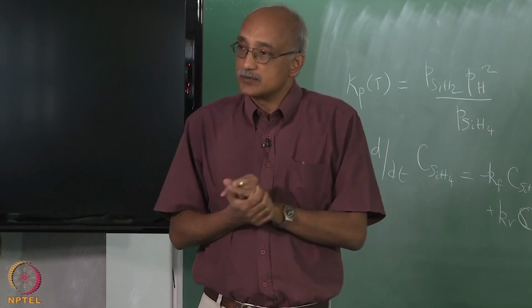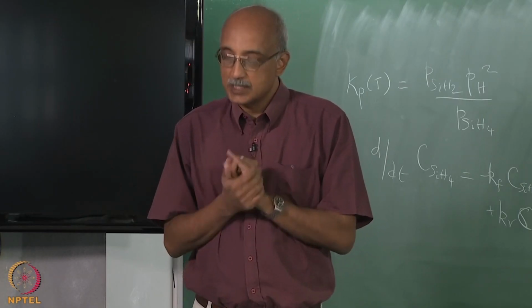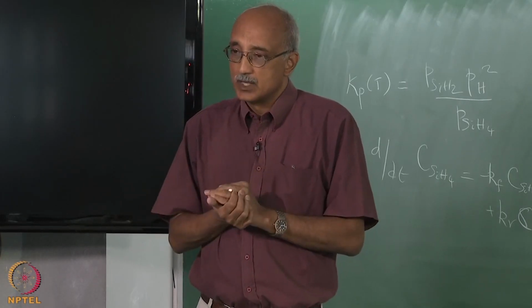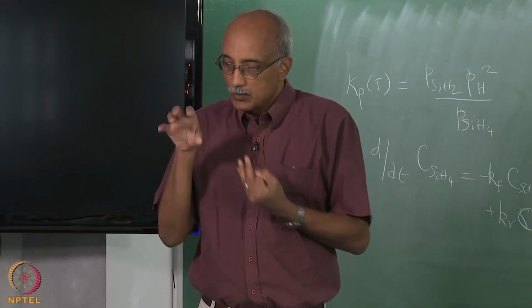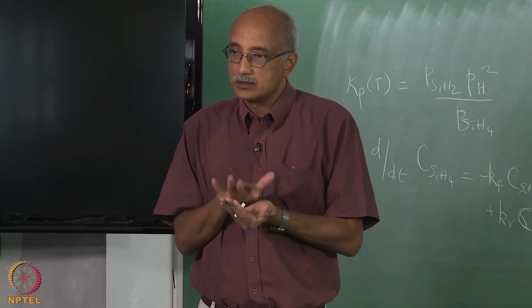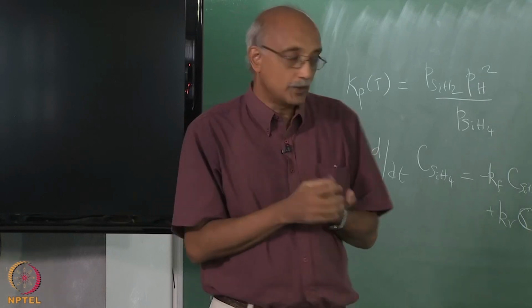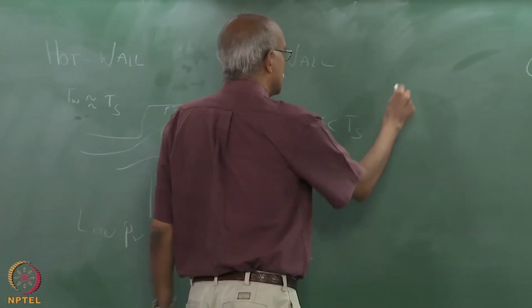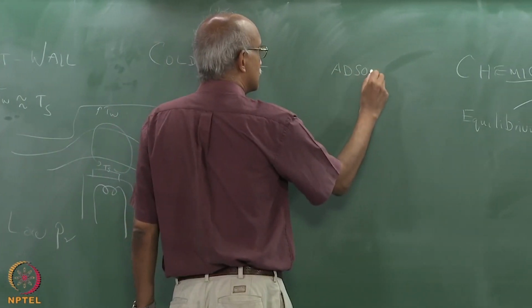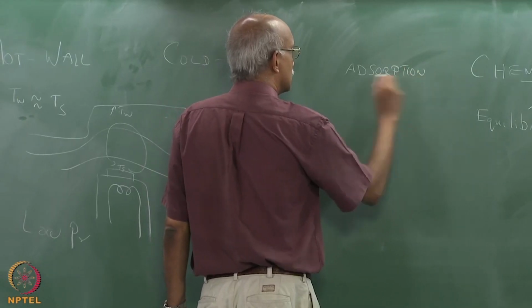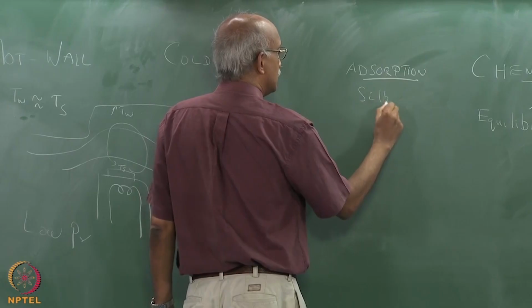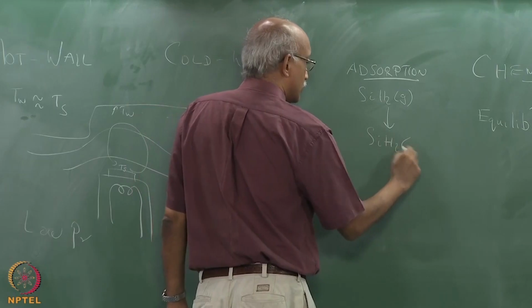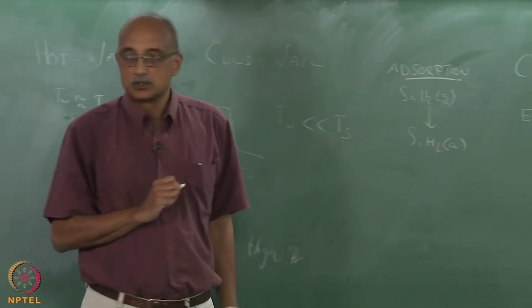The first step is the formation of the gas phase molecules. The second step is actually delivering the molecule to the surface. The third step is that the molecule that has been delivered to the surface must get adsorbed on the surface. So, for example, the adsorption step would imply that if Si is getting delivered in the form of SiH2 gas to the surface, it must first become SiH2 adsorbed.